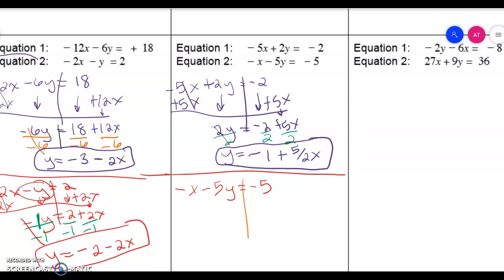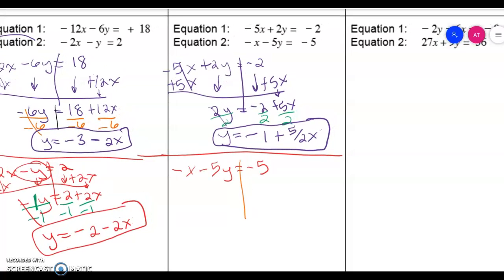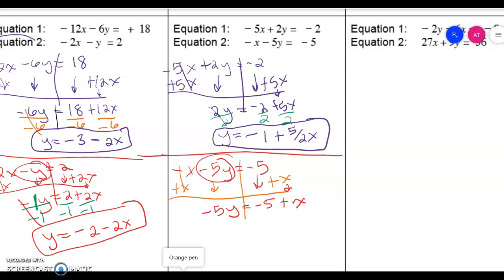Okay, so then this one right here, I need to get rid of the x by adding it. So I get -5y, don't forget the negative in front of it, equals -5 plus x. So the last step I need to do is divide by -5 to everything. The 5's are going to cancel on the left side. A negative divided by a negative is a positive.